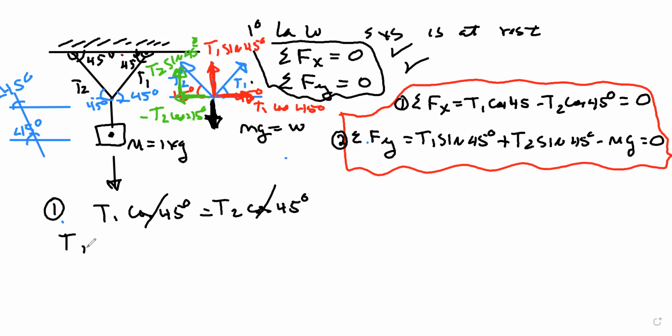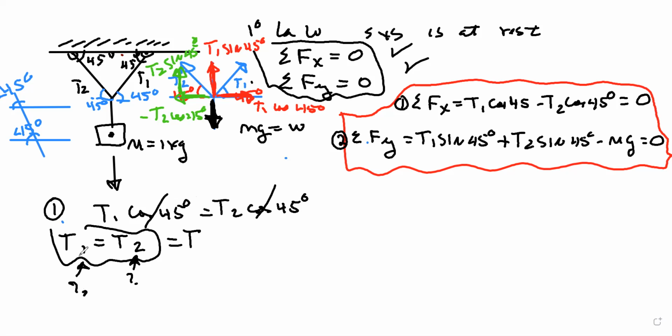So we can say that T1 is equal to T2. That means that this is going to be equal to T, so we don't need the sub-indexes anymore. There's no reason to be there because T1 is equal to T2, so we can just use T.